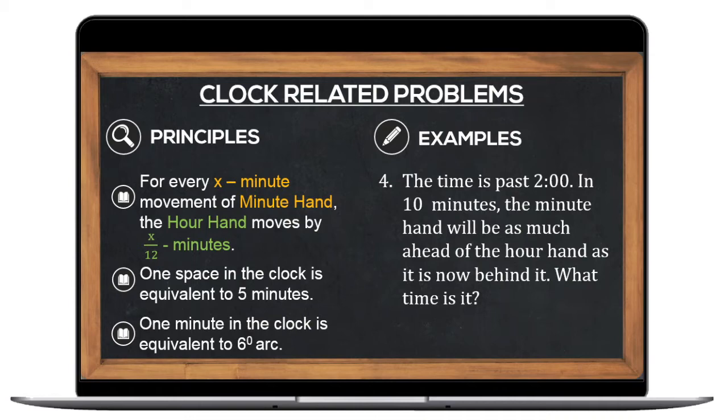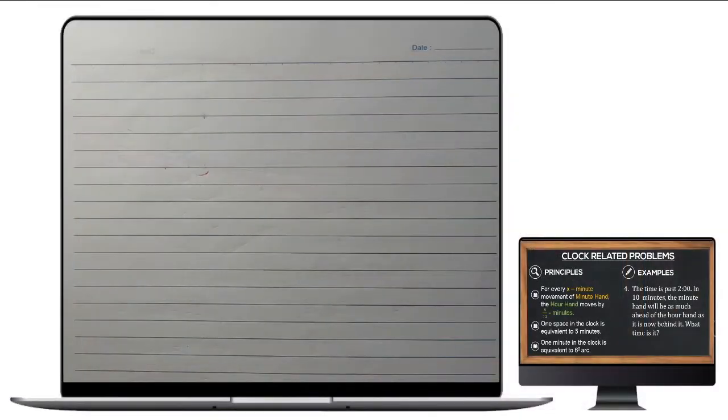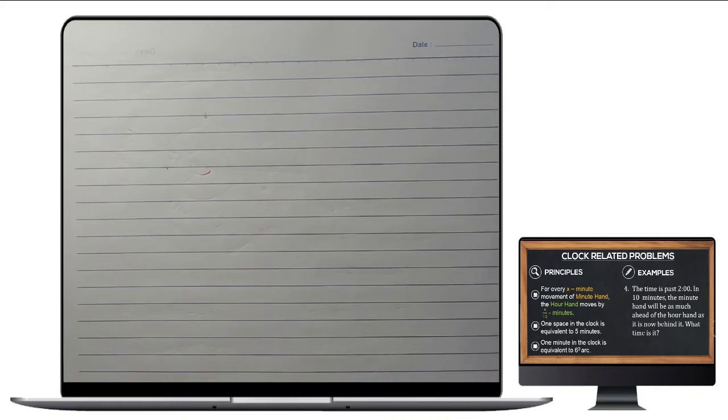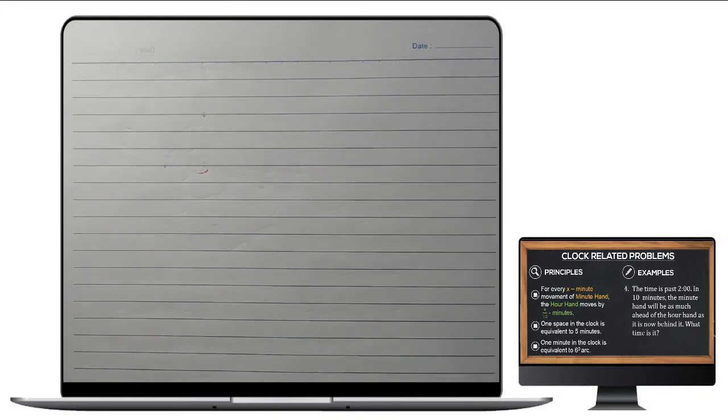So, let's draw the clock first. Notice in the following problems that we are solving, we are now drawing the figure. That's why as much as possible, if we can skip drawing the figure, we will. That can be applied when the problem is only the relationship between the time and the angles between the hour hand and the minute hand.